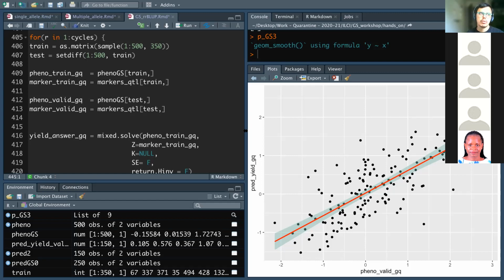I am working on a meta-analysis in yield, and I have detected more than 620 QTLs. So as you can imagine, it's really difficult to identify all the QTLs that control something like yield, and the effect of those QTLs is not that big.